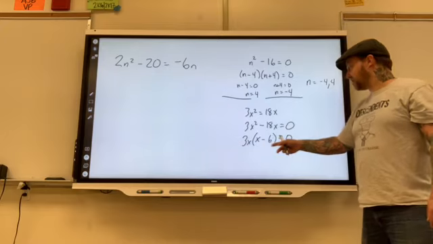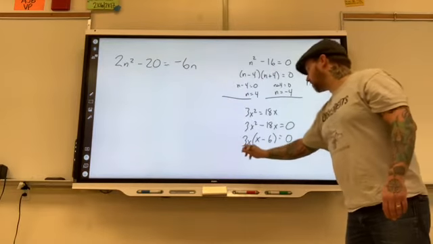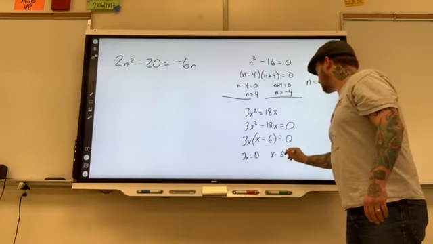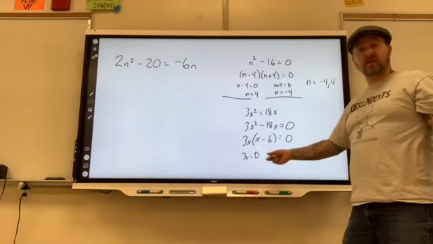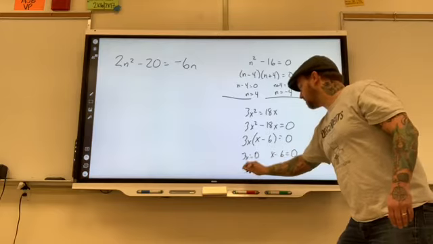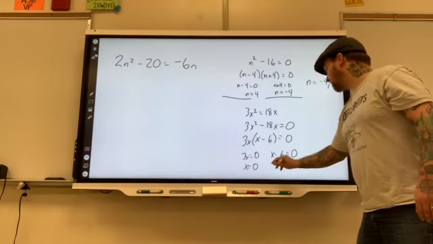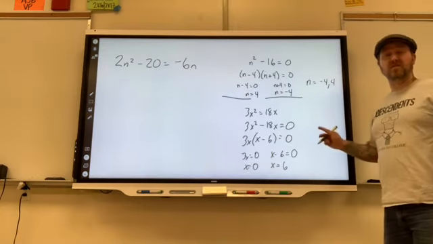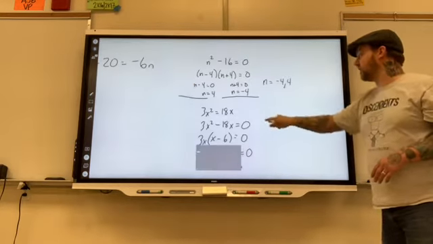So either 3x is 0 or x minus 6 is 0, right? So 3x equals 0. Well, if 3x is 0, x is 0. If x minus 6 is 0, x is 6.